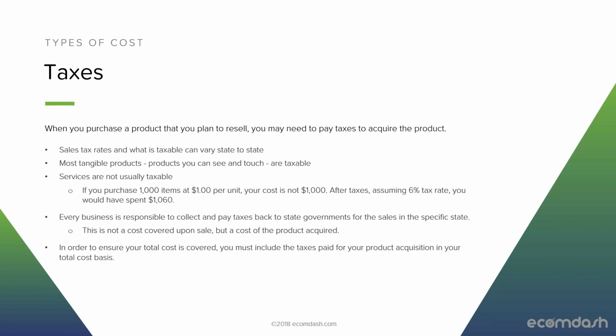To ensure your total cost is covered, you must include the taxes paid for your product acquisition in your total cost basis. When you acquire these items, you will have to pay taxes, and to ensure you're able to price your items at a profitable number, you want to take this into account on top of the shipping cost previously mentioned.